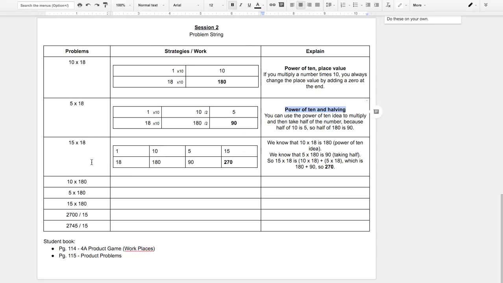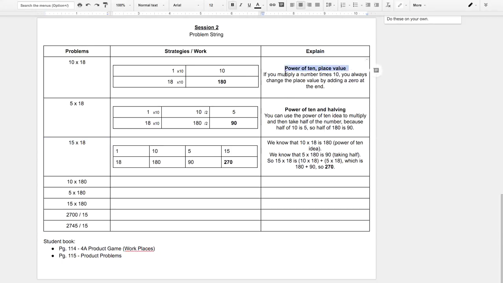15 times 18. Now, just looking at that, you might say, okay, now I have to do 10 times 18 and then 5 times 18. Or you might be thinking about all these weird ways to do it. But you could just use the power of 10 and halving idea. We've already done 10 times 18 is 180, and that rule is in our brain.